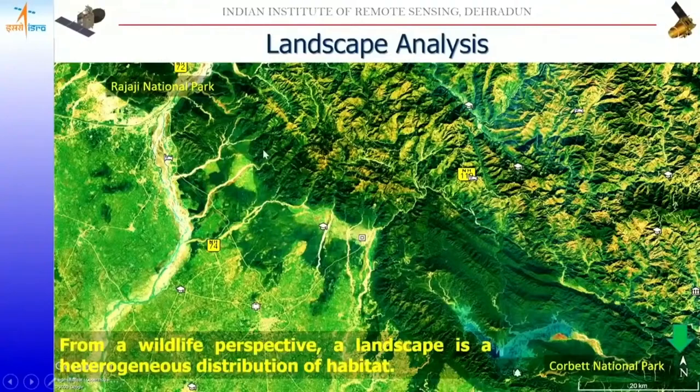So if you see the landscape level from a wildlife perspective, the landscape is a heterogeneous distribution of the habitat. So how the habitat is distributed over the landscape, and from an ecological perspective, you will see the landscape as the heterogeneous distribution of a mosaic of patches over the area that we call a landscape.